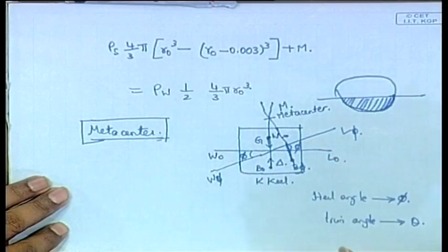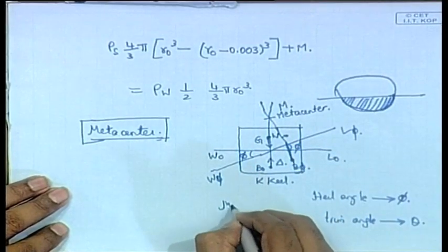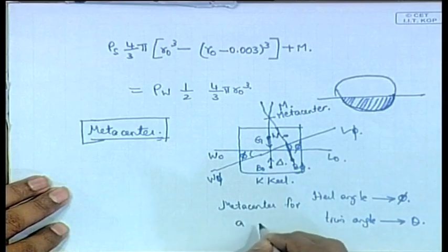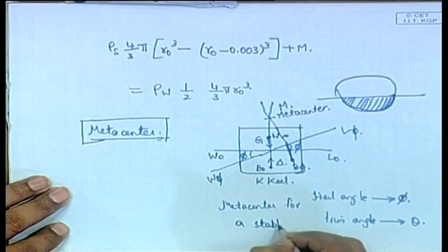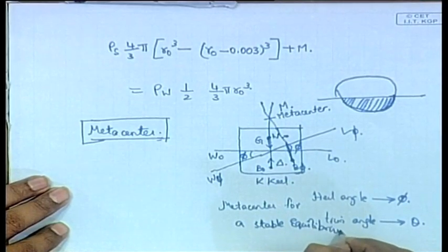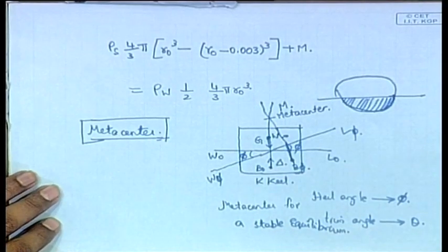So this is the metacenter as it is drawn for a stable equilibrium situation. Okay.